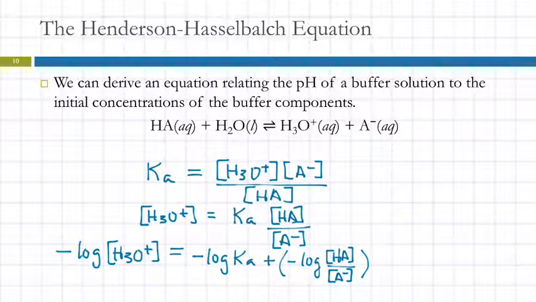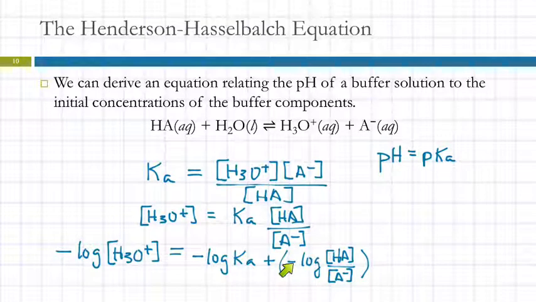Okay? So negative log of H3O plus, that's pH, right? Negative log of Ka is the pKa. And then what do we do with this business? Well, negatives are kind of icky.